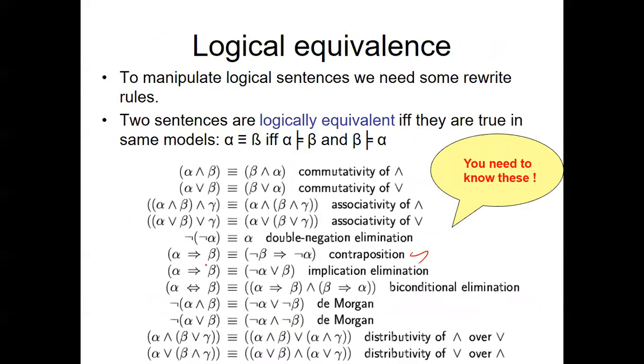Fine, we'll discuss this further. And alpha bidirectional beta is nothing but alpha implies beta and beta implies alpha. This we know already.